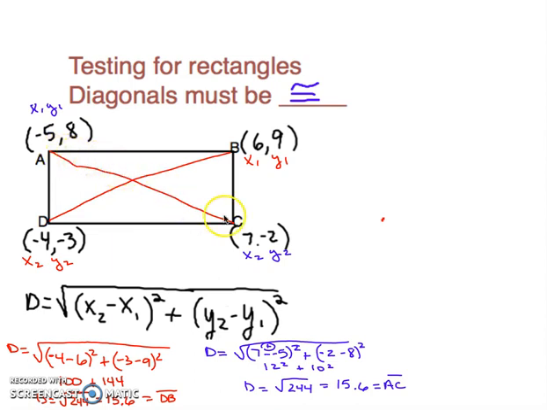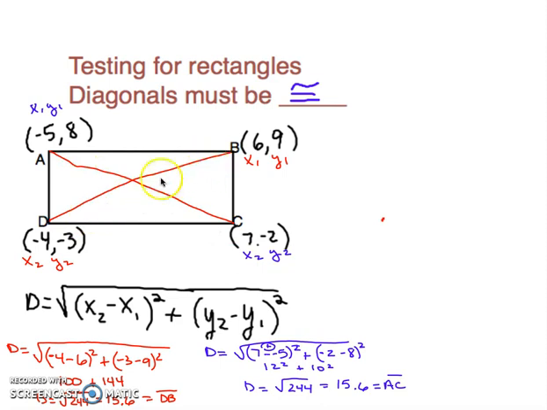So when we plug in these values from AC, you should have gotten 7 minus negative 5, which would result in us adding those together, and then negative 2 minus 8 squared. So we squared both those, so you get 12 squared plus 10 squared, and that would give us the square root of 244 again, which equals 15.6, which is our length of AC.